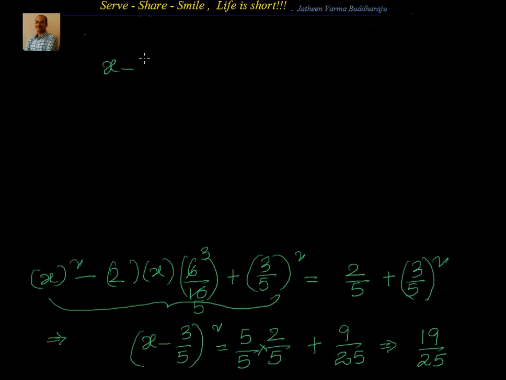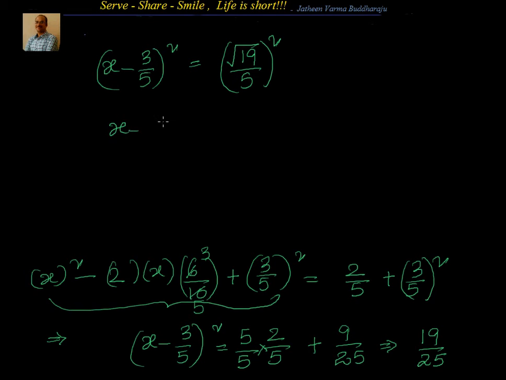We have (x − 3/5)² = (√19/5)². It is plus or minus.